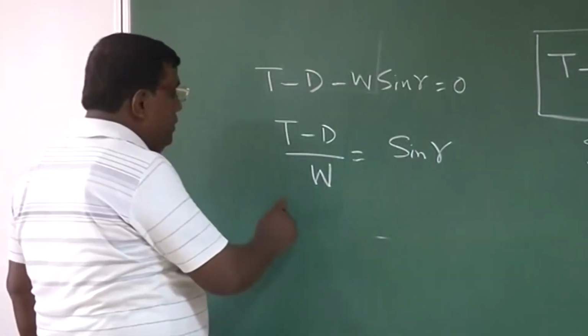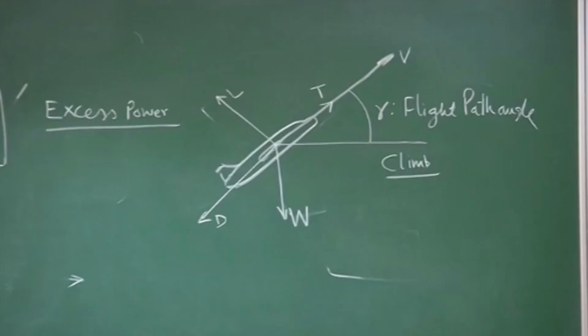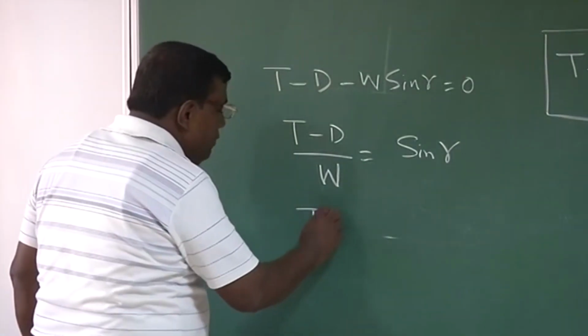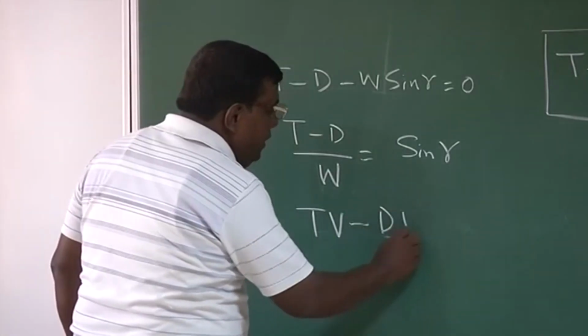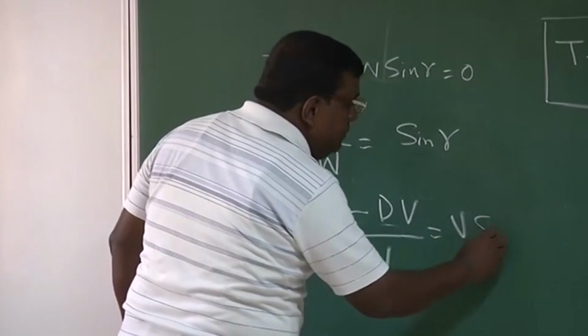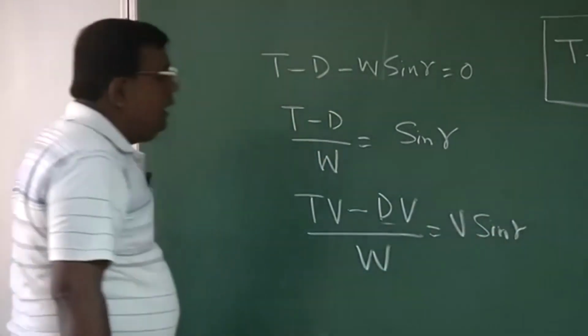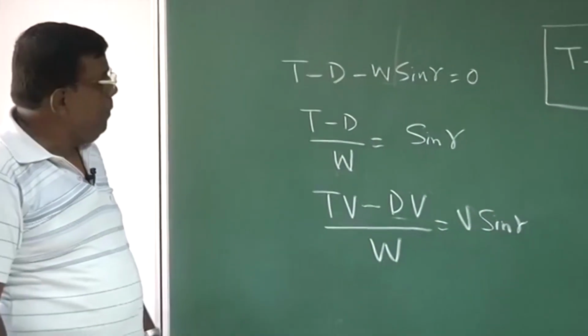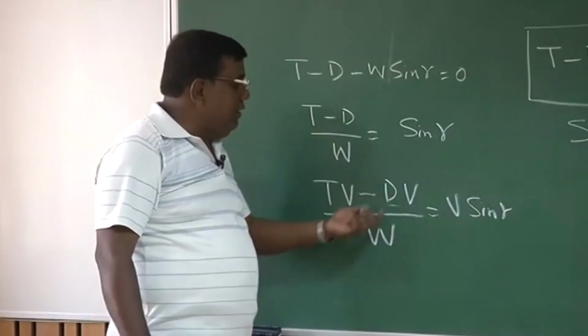If I now multiply both sides by V, what happens? So this will be T into V minus D into V by W is equal to V sine gamma. Right? I multiply both sides by V. What is this TV minus DV by W?